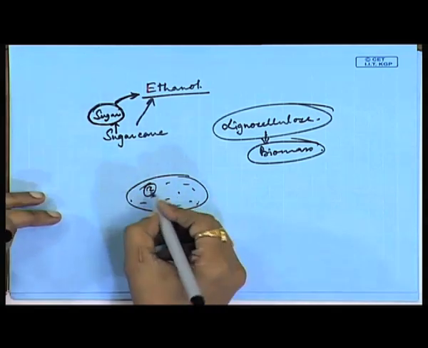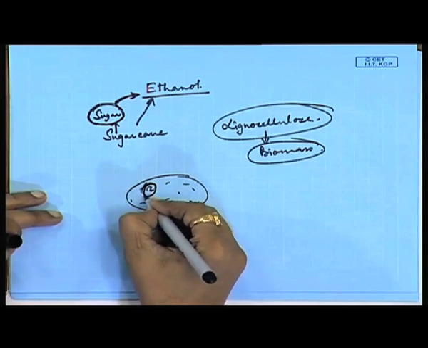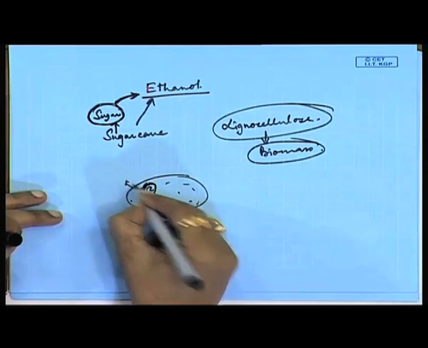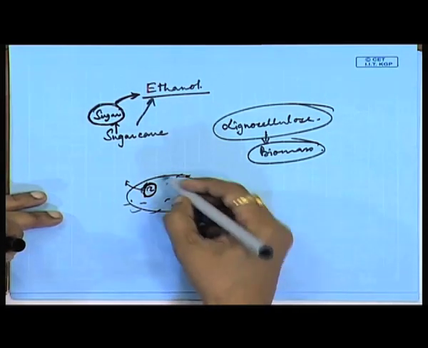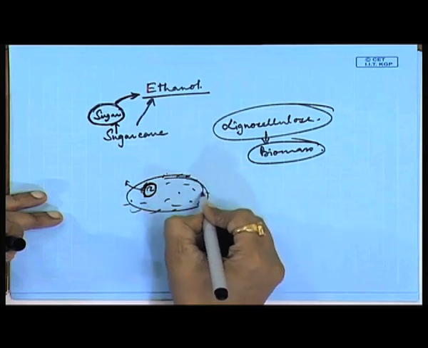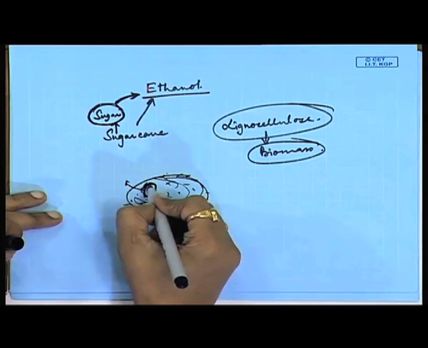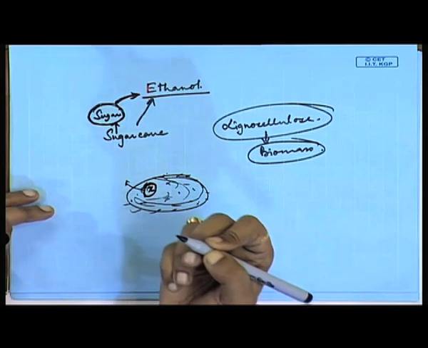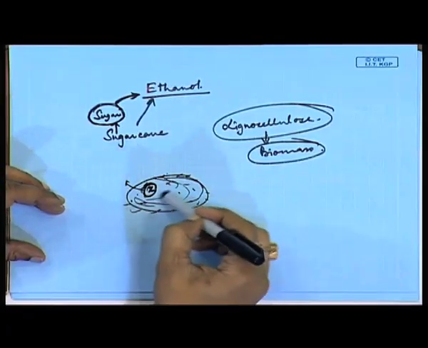X is not the only one which gets extracted when we remove the cell wall of this plant; whatever the intracellular metabolites are, everything comes out along with our targeted molecule X. That is the reason we are very much interested in removing these contaminants from this cell.